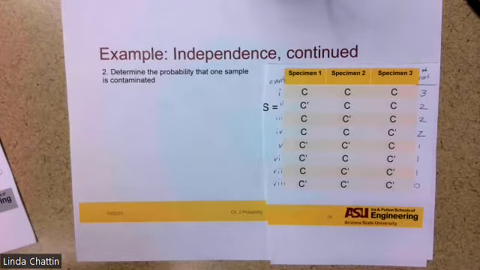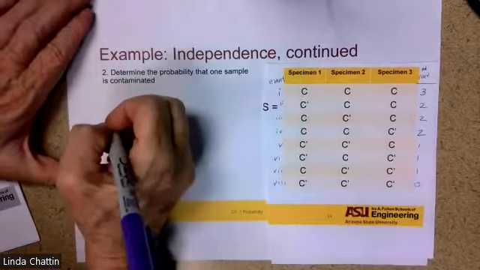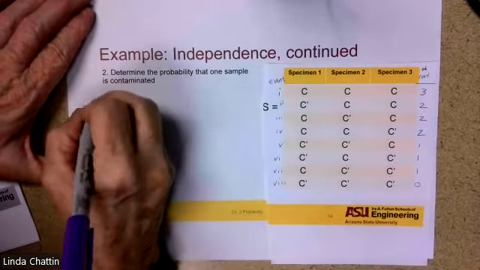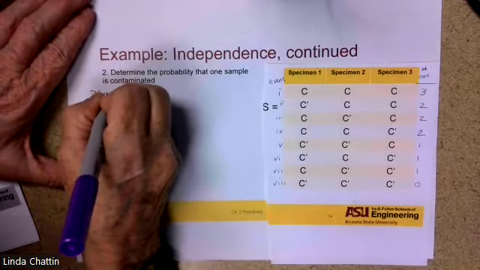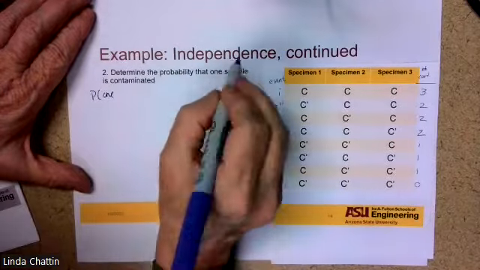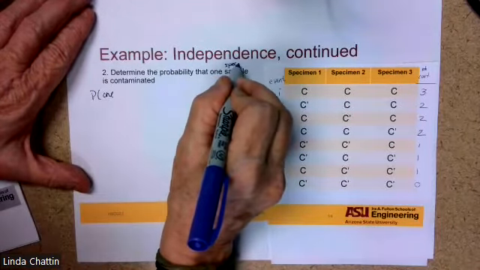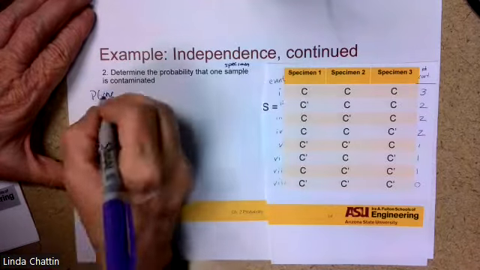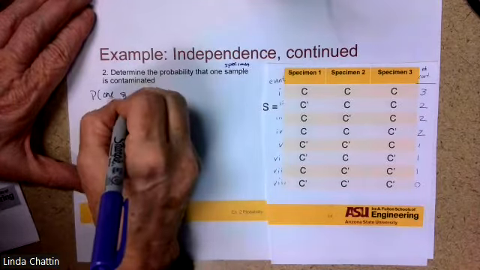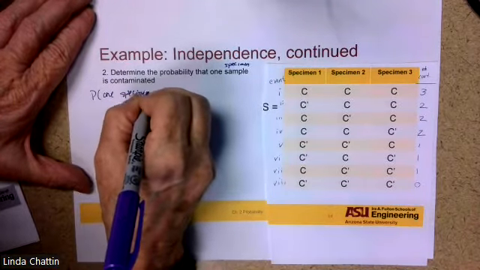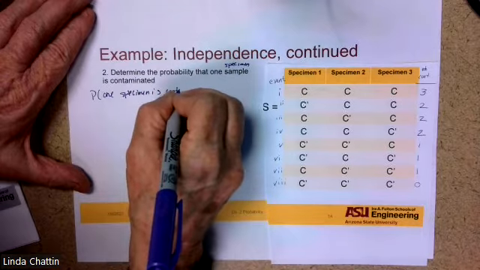So here I'm looking for the probability that one sample or specimen, I probably should stay with the same words here, specimen. The probability that one specimen is contaminated.